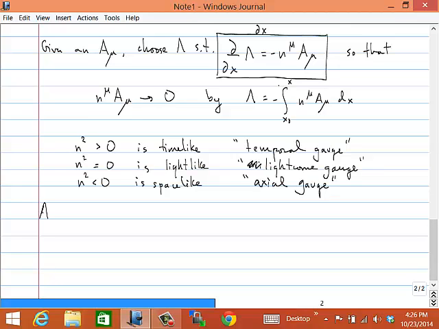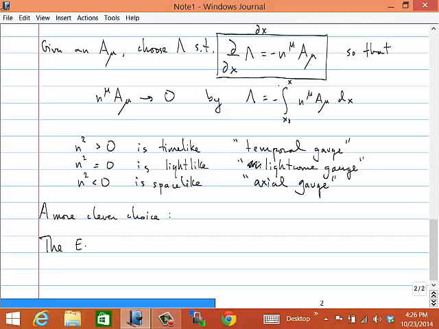In particular, I'd like to consider the following. Remember, our initial problem was that there was no time derivative of A0 that appeared in the action. And so the question then is whether you could consistently set A0 equal to 0.